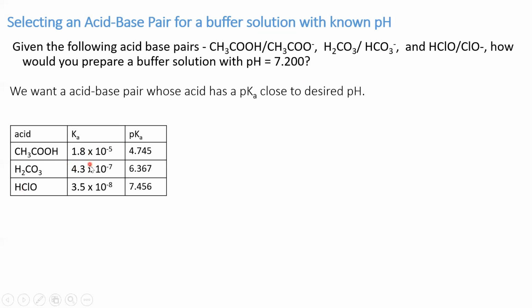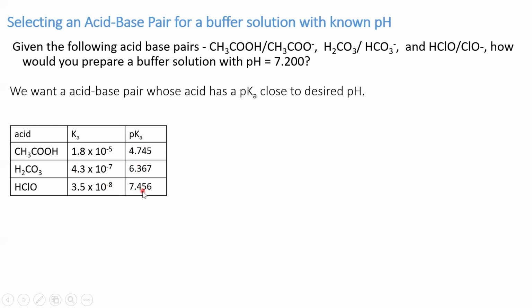And then we take the negative log of these numbers and we get our pKa values. So the pKa for acetic acid is 4.745. The pKa for carbonic acid is 6.367. And the pKa for hypochlorous acid is 7.456.